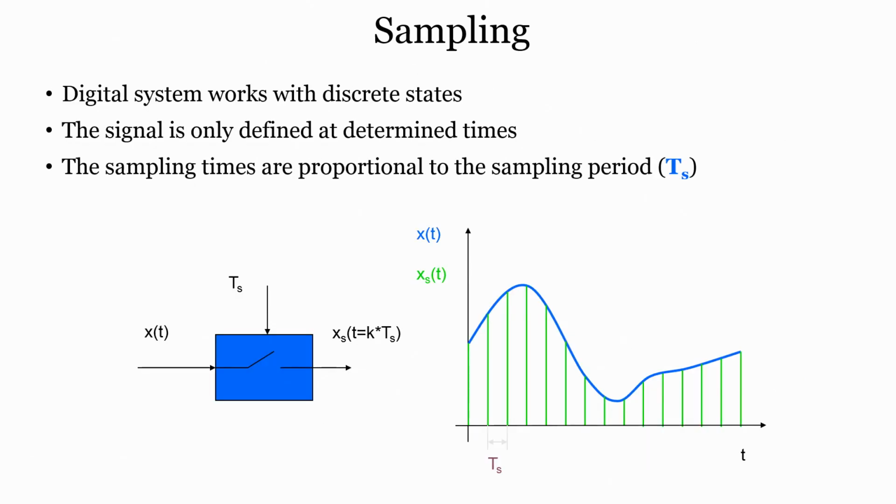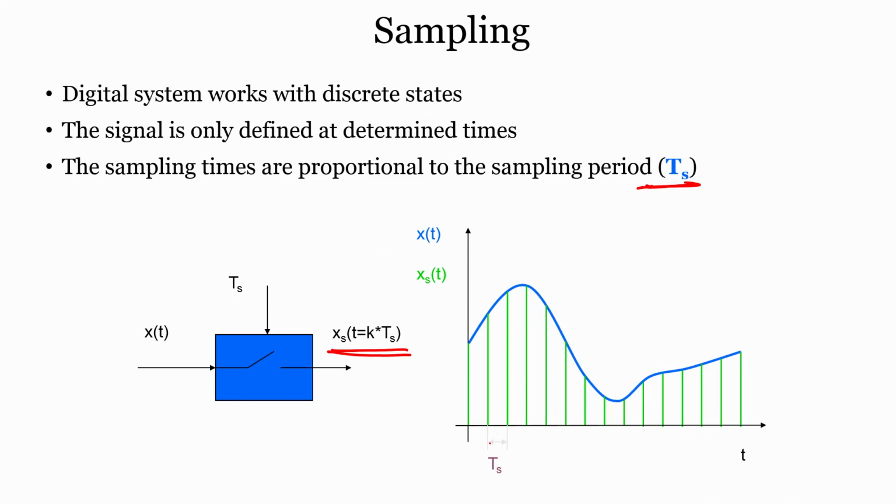Now, further if you see sampling, a digital system works with discrete states, the signal is only defined at determined times, the sampling times are proportional to the sampling period Ts. Okay. So, if I apply x(t), if there is a Ts, then I have my value x equals xs, which is nothing but t equals k times Ts.